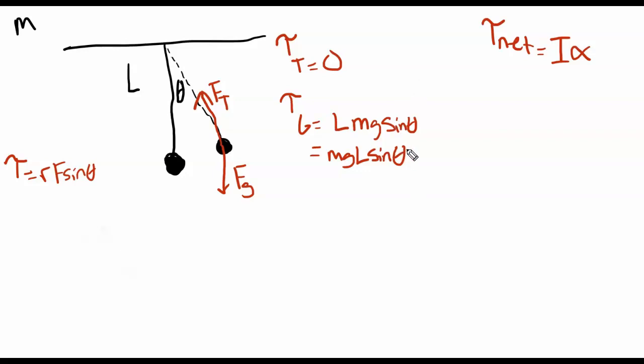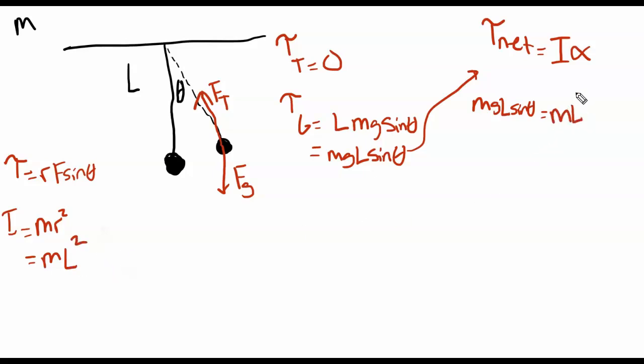And so if I plug this in for the net torque, the net torque would be the sum of the torques, but there's only the one torque, then I have mgL sine theta on the left side. I, remember, is moment of inertia, but the moment of inertia for a point mass is equal to mr squared. Okay, but here the value of r is the same as the length of the string, and so that would be mL squared.